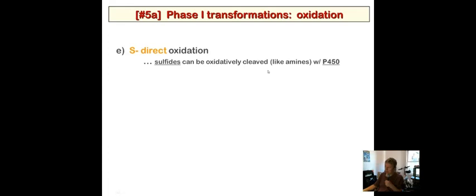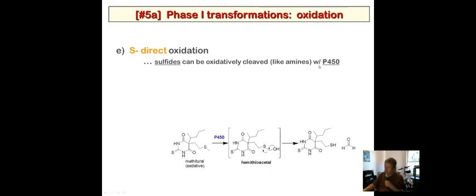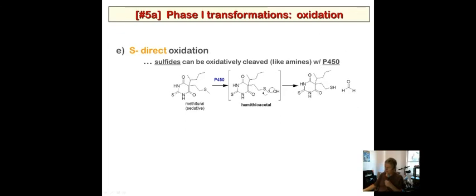S-direct oxidation. The sulfides can be oxidatively cleaved just like amines with P450. So we're going to first do oxidative dealkylation, and then we'll do the direct oxidation. Okay, so with P450, this is methitural, a sedative.